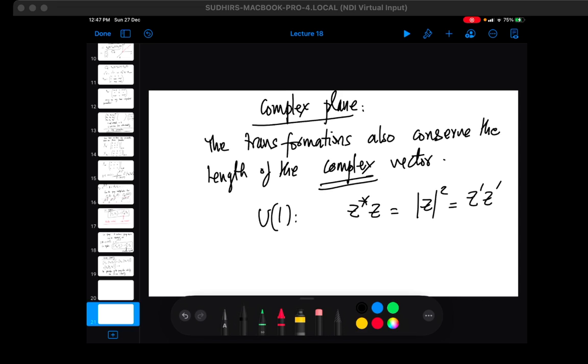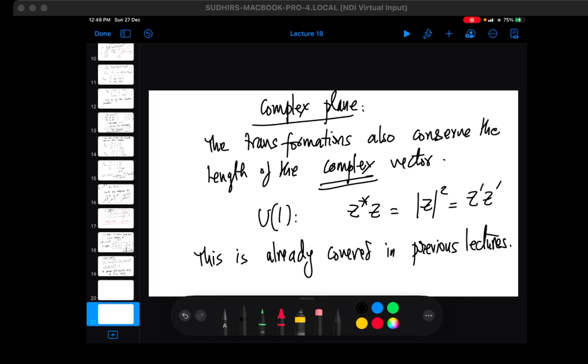This is already covered in previous lectures. So if you have a transformation z prime equal to some u times z, you have u dagger u equal to 1.